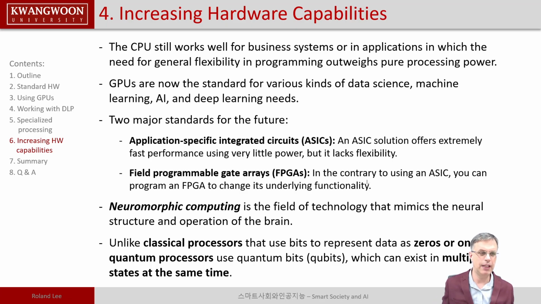Let's see now something about advancing neuromorphic computing. So neuromorphic computing is the field of technology that mimics the neural structure and operation of the brain.